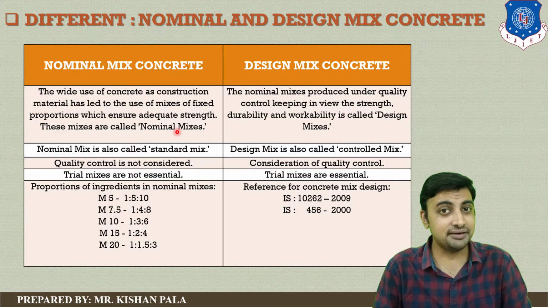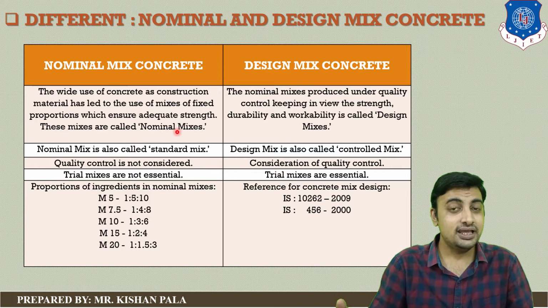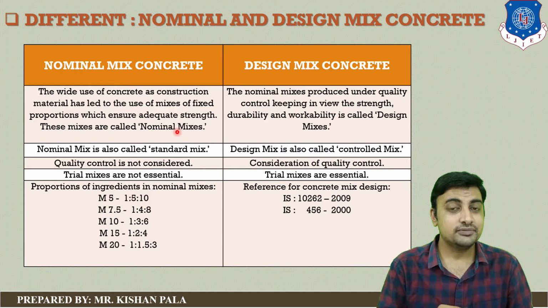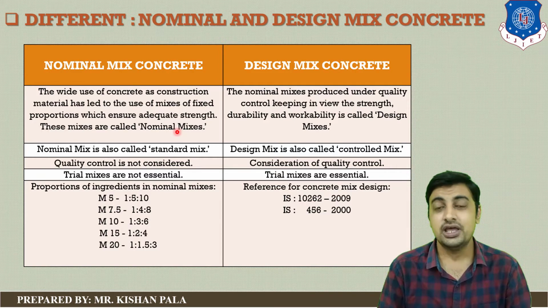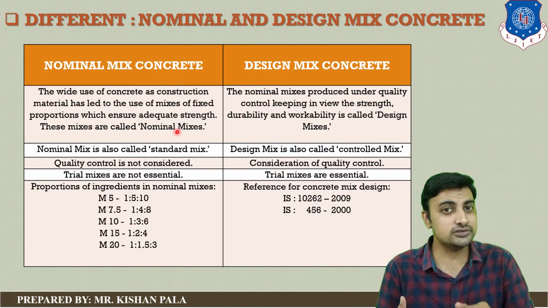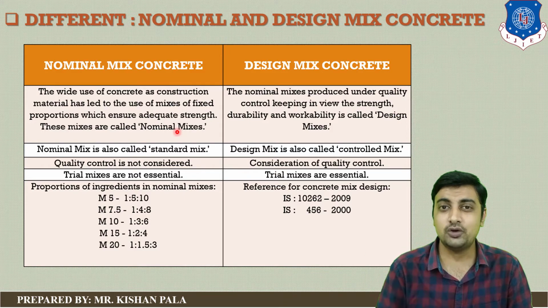So at your site, a wide variation of strength can be accepted for your construction element. In that case, it is possible that you can use this nominal mix. It means you can use the simplified proportion for the particular grade of the concrete mass.